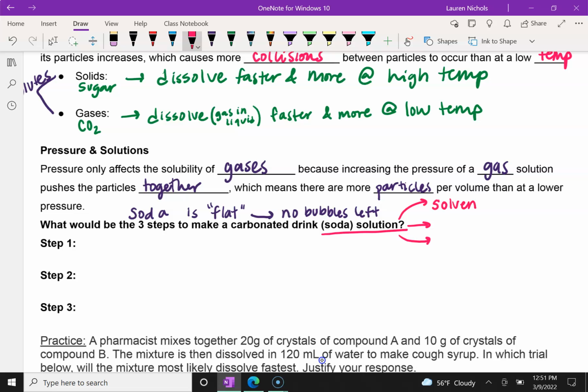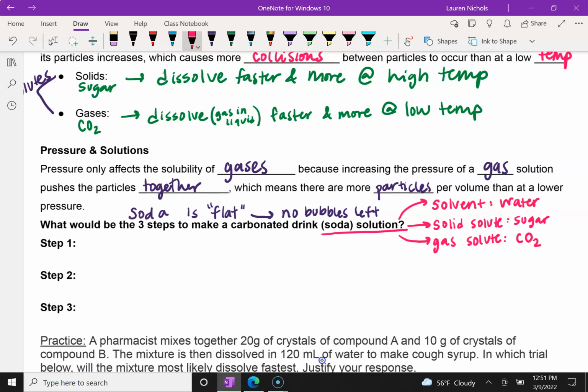You're going to have your solvent, and then you typically have a solid solute, and you have a gaseous solute. Your gas is carbon dioxide. That's what gives the bubbles. Your solid is sugar. You also have some sort of flavoring, and maybe syrups or other liquid solutes. And then our solvent is almost always water.